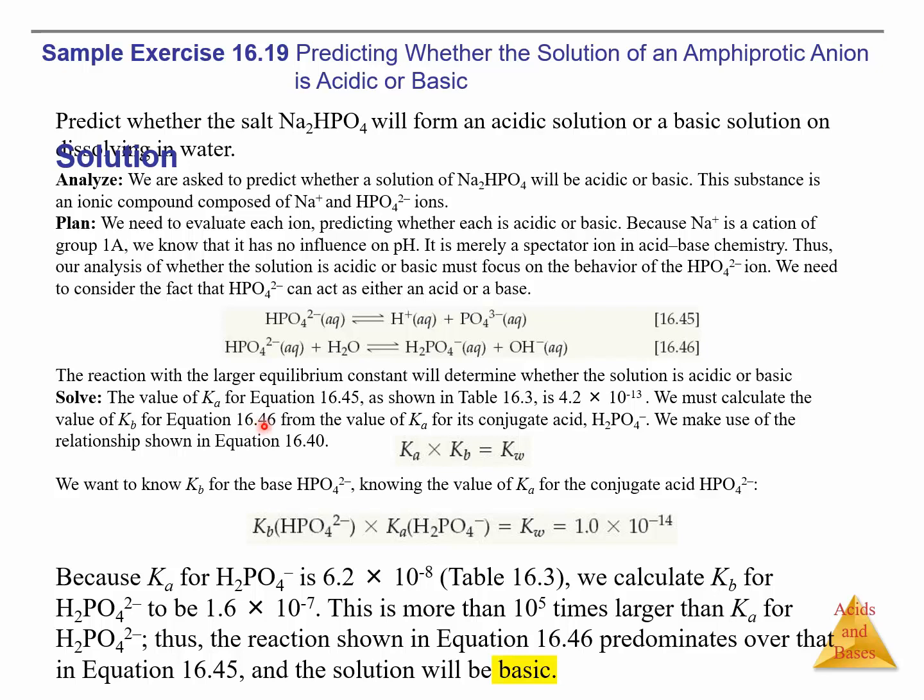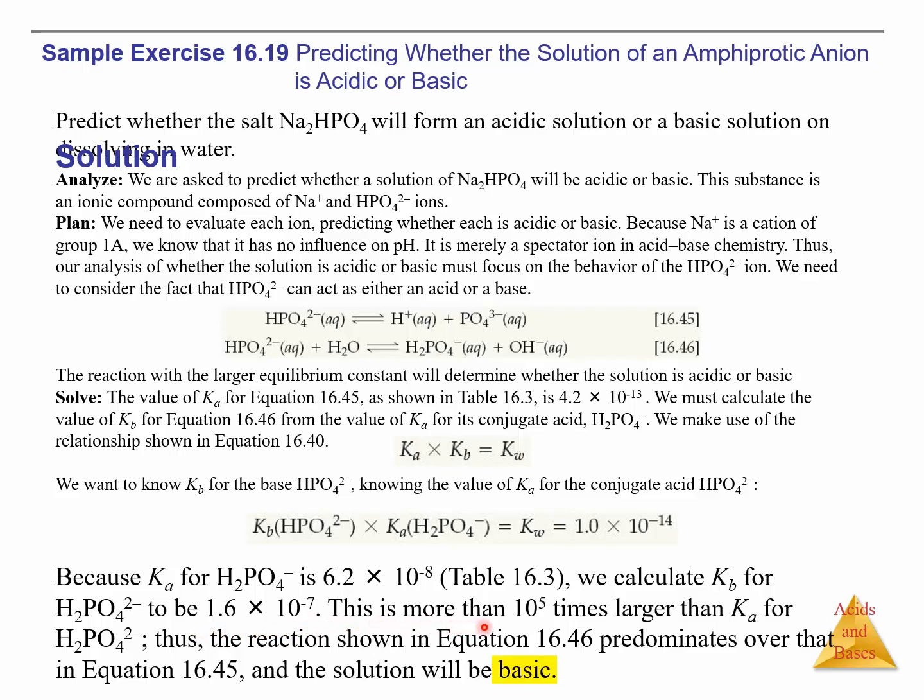Now the value of Ka for this equation, as shown from the table, is 4.2 times 10 to the minus 13. We must calculate the value of Kb for this equation from the value of Ka for its conjugate acid. And we have this relationship. Kb times Ka equals Kw, equal to this, and because Ka for H2PO4- is 6.2 times 10 to the minus 8, we calculate Kb for this to be 1.6 times 10 to the minus 7.